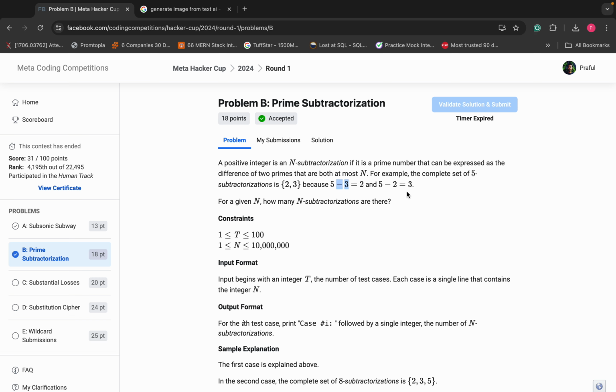But notice how if n is 4, since we can only take numbers up to n, we won't be able to take 5. So when n is 4, 3 won't be part of the set. 3 will become part of the set only when n is equal to 5.